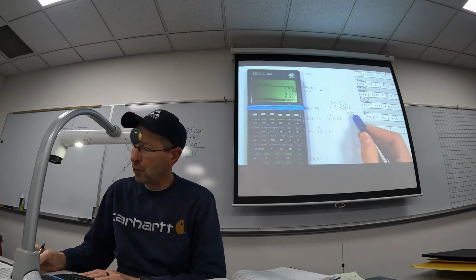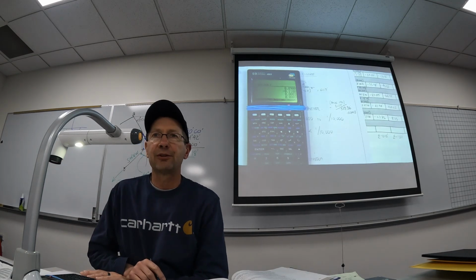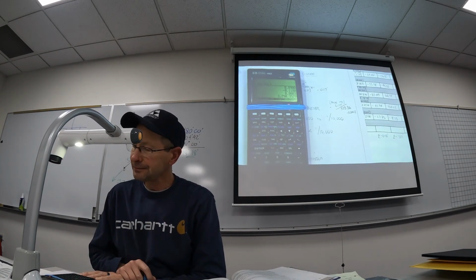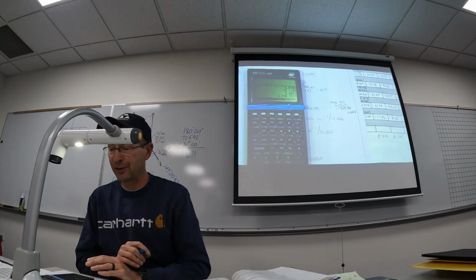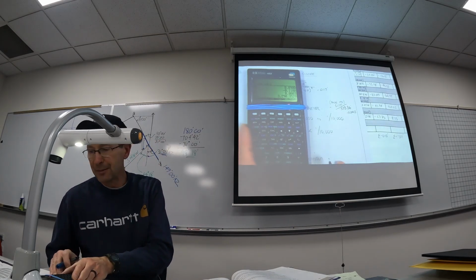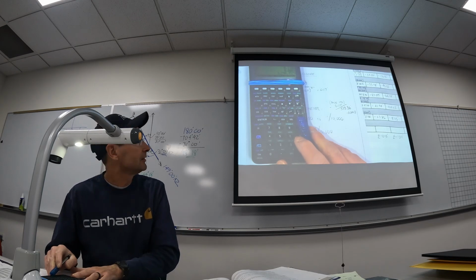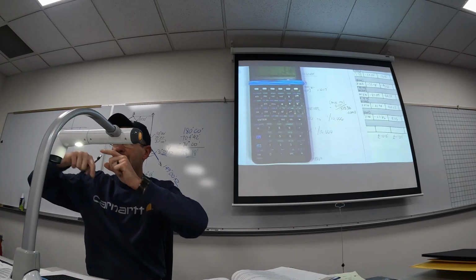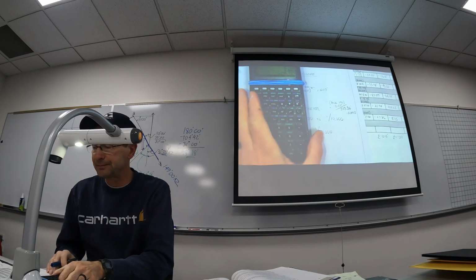Basically what it is, it's 1 divided by that. If you take this number and just use your 1/x function or your x to the -1 and just flip it. I can show you on mine, it's this 1/x button. It's basically taking 1 divided by the number that you just got.